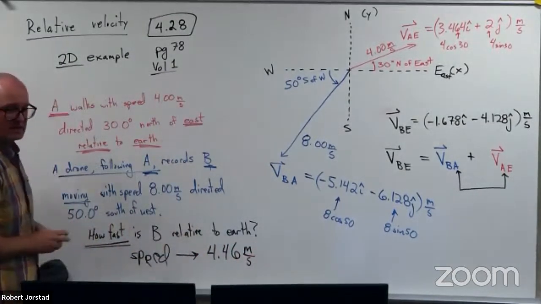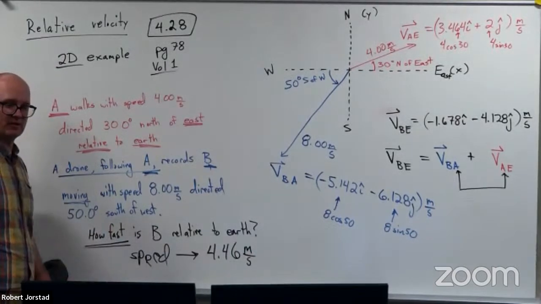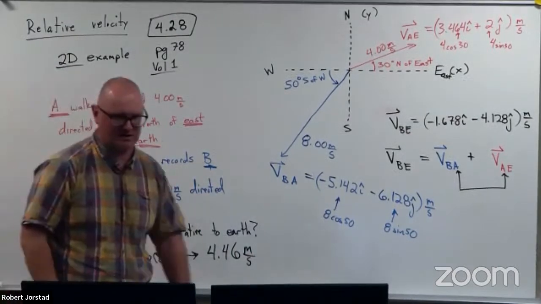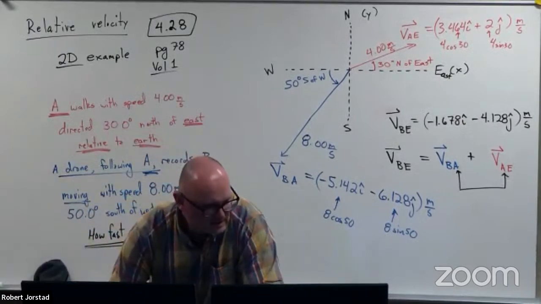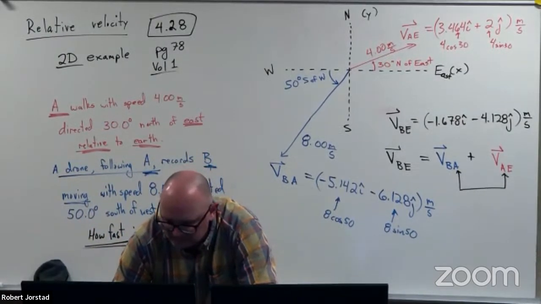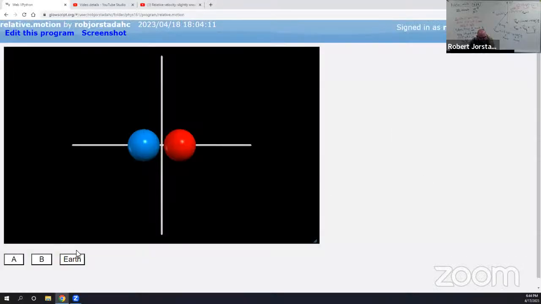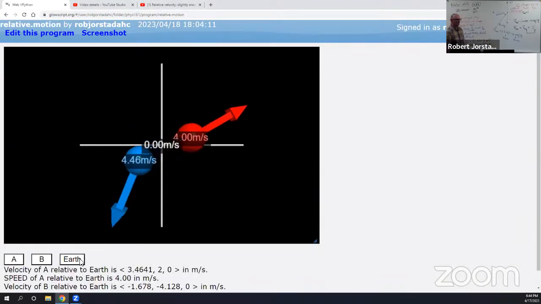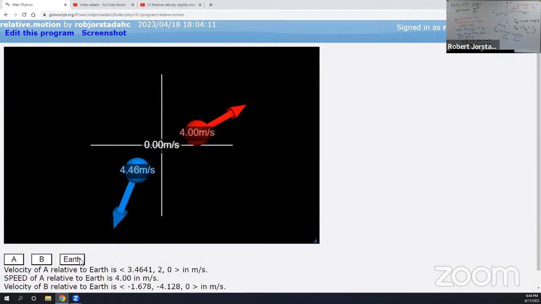All right, so let's look at the code really quick. You probably remember this from two videos ago if you're watching them all at once. Let's go to a screen share real quick. Let me get the code up. Here it is. So in this case, relative to Earth, that's where I get that 4.46 meters per second.